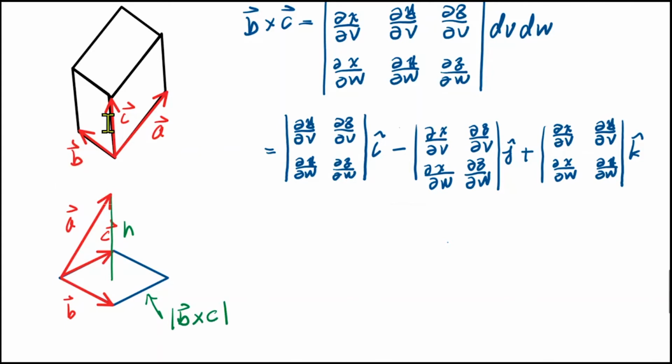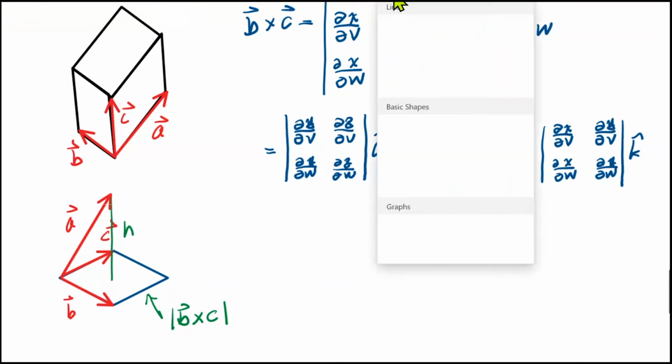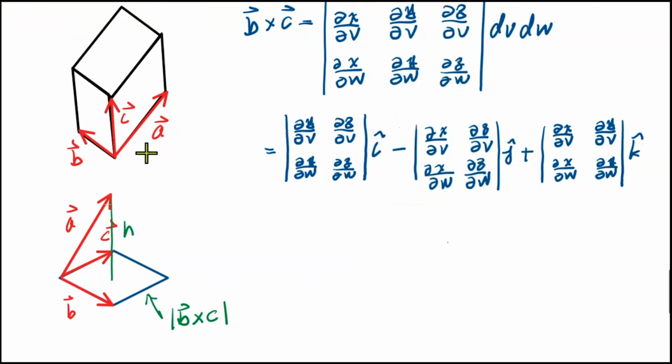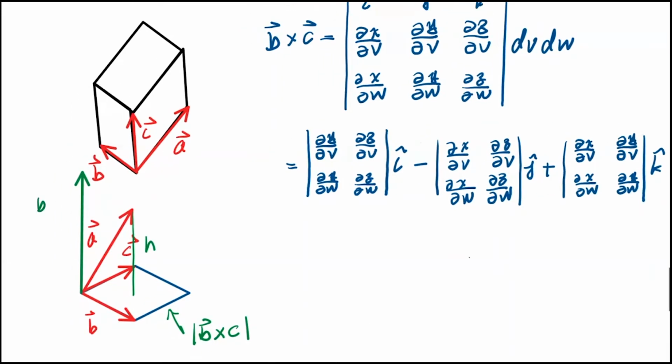But this is a vector. Which direction does that vector point towards? It's a perpendicular direction upward here, isn't it? This is the direction of B cross C, isn't it? Y'all see that? This is B cross C. Right?